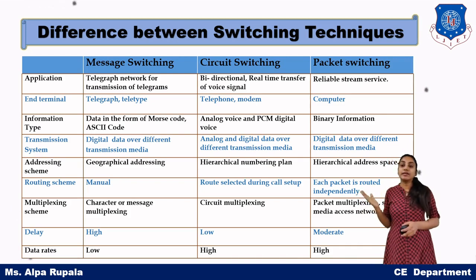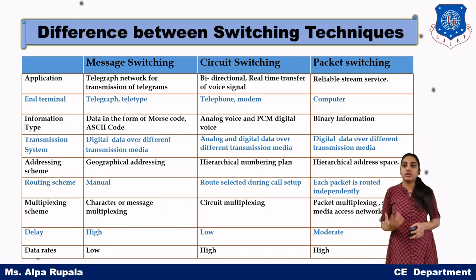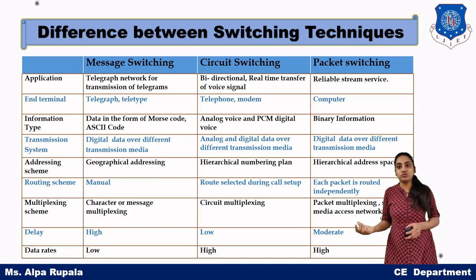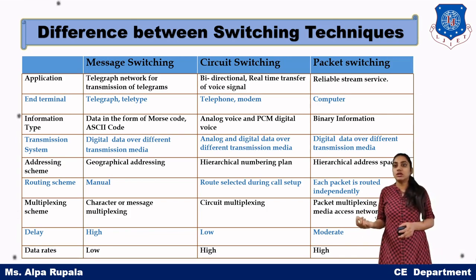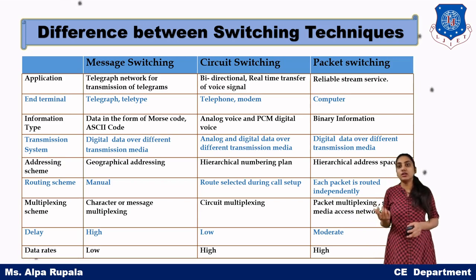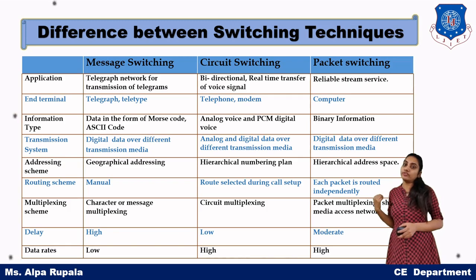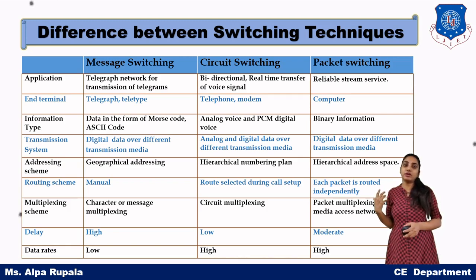Next is the addressing scheme. In message switching, geographical addressing. In circuit switching, hierarchical numbering addressing. In packet switching, hierarchical geographical plan. Okay, so in geographical addressing, we identify by, for example, a pin code.